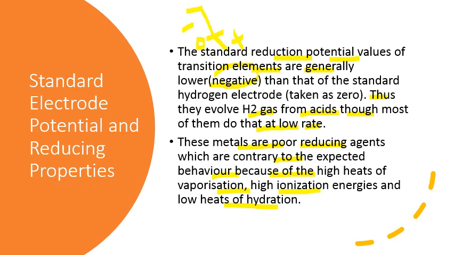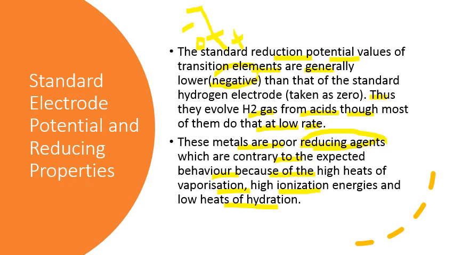If we talk about the reducing property, you know the reducing agent helps in the reduction and self oxidizes. So if we talk about its potential, it is of negative potential. That's why they are poor reducing agents. Understood? They are good oxidizing agents, you can say.